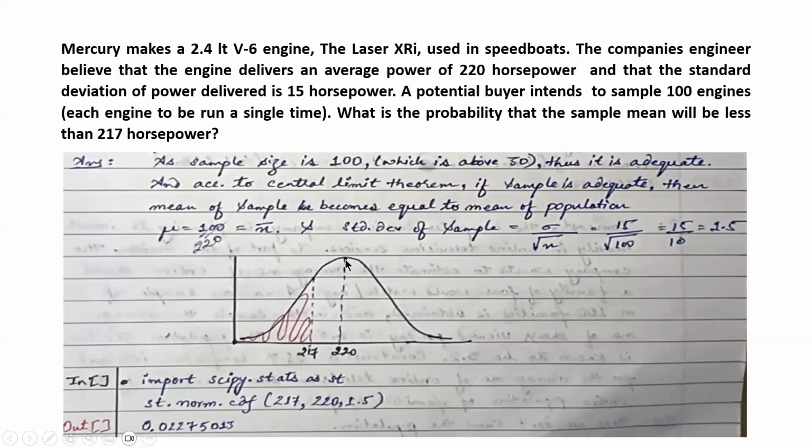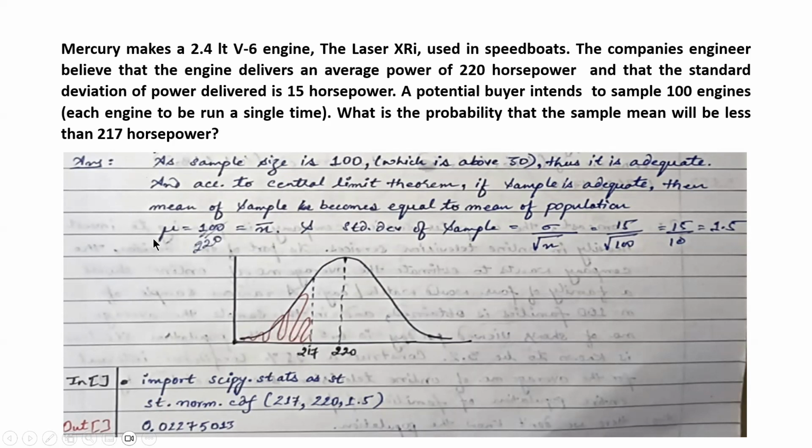Whether the population is normally distributed or not, my sample size is adequate, so it will be normally distributed. The mean is 220. Now we have to check whether the average horsepower is below 217 or not. Obviously 217 will be on the left-hand side here. So I need to find this probability, this red area.